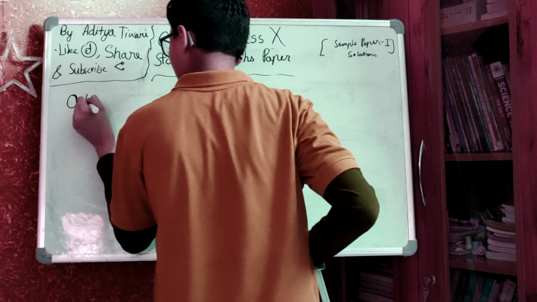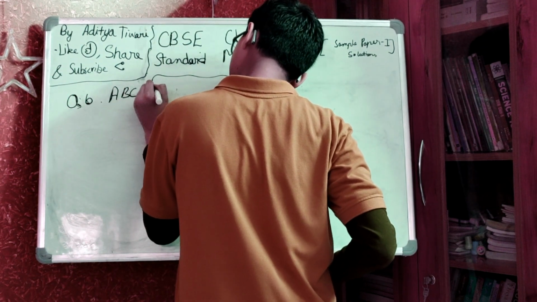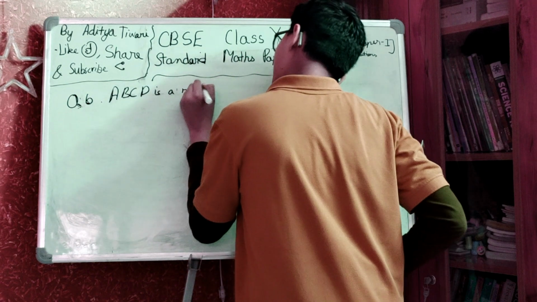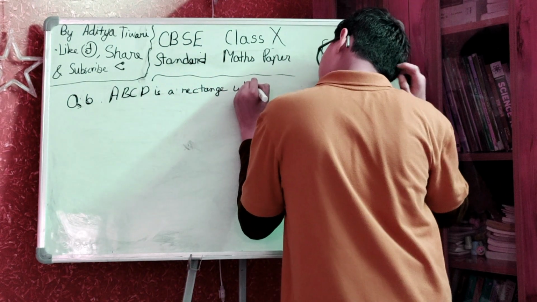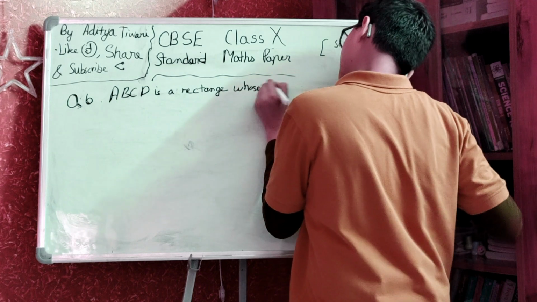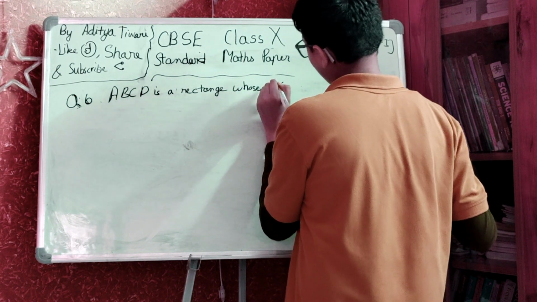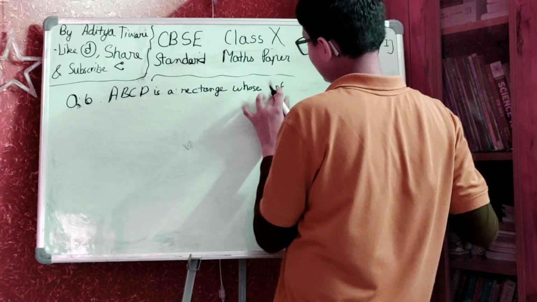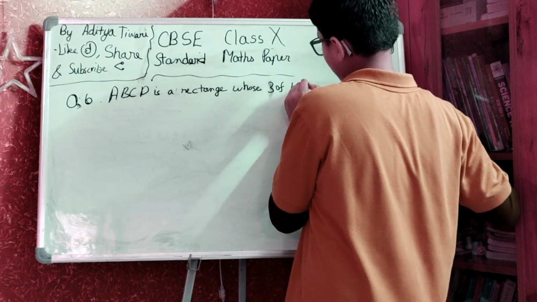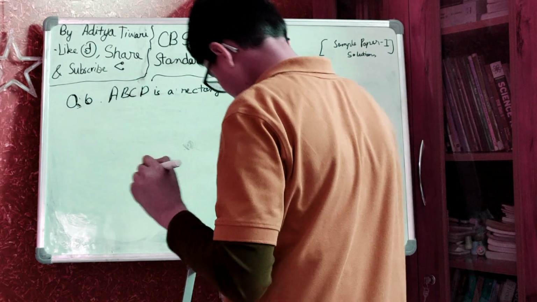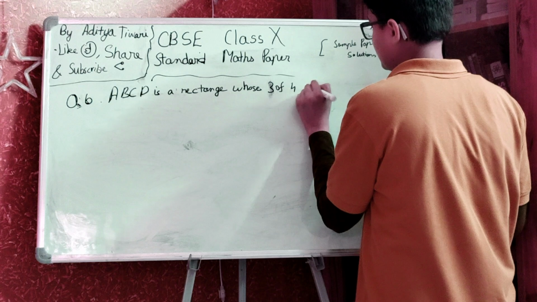It's question 6. ABCD is a rectangle whose 3 out of 4 corners' positions are given.